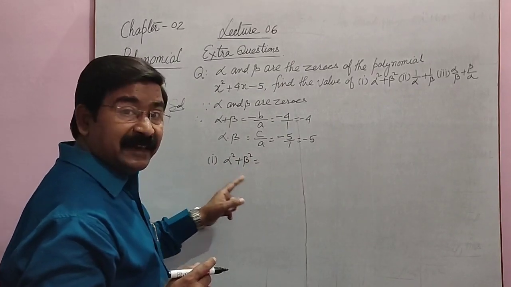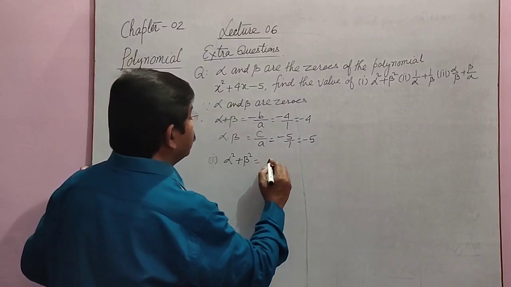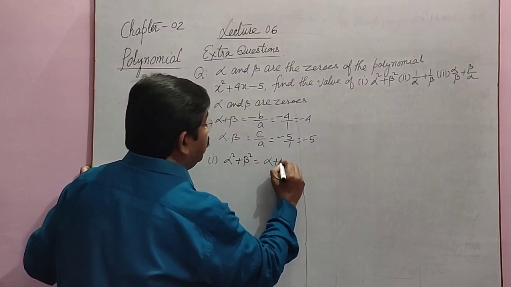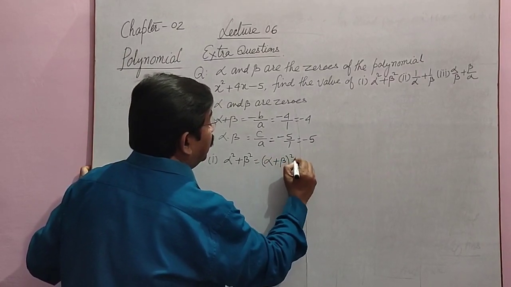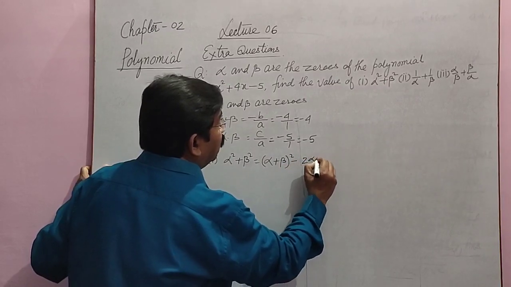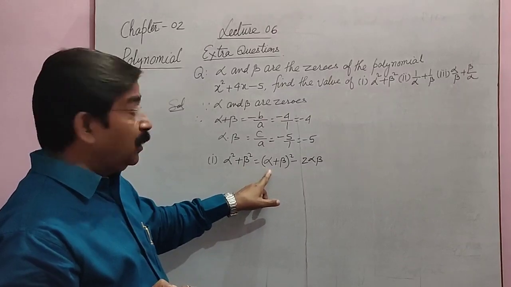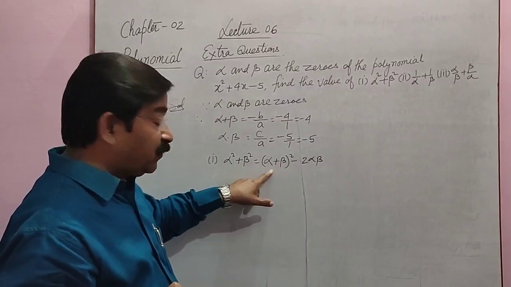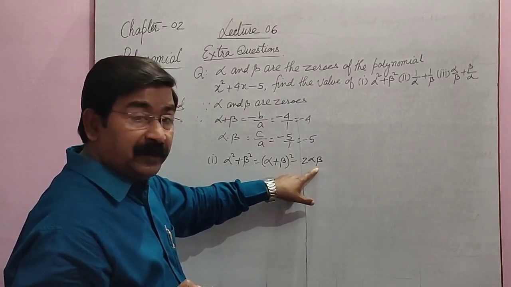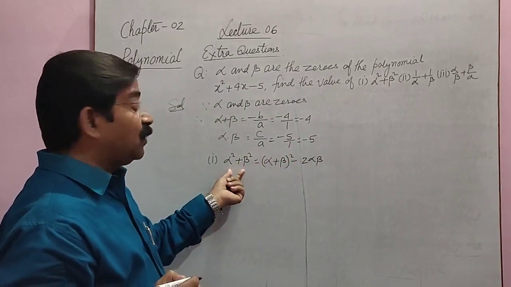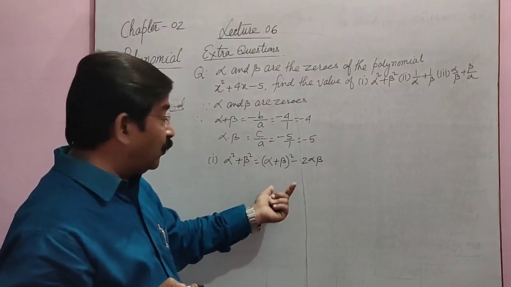So you can change this formula as alpha plus beta whole square minus 2 alpha beta. See, you can check it. Alpha square plus beta square plus 2 alpha beta, and minus 2 alpha beta will cancel. So alpha square plus beta square is the converted formula.